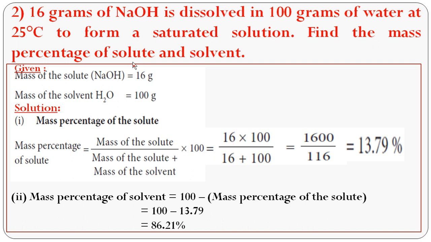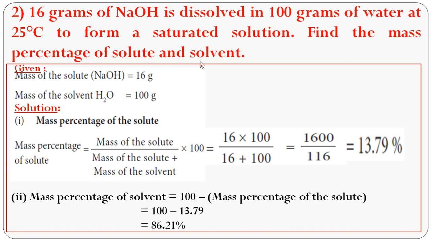Here mass percentage is expressed in W by W. So here what is given means the mass of the solute NaOH is equal to 16 gram. Mass of the solvent water is equal to 100 gram. First you have to find the mass percentage of the solute.